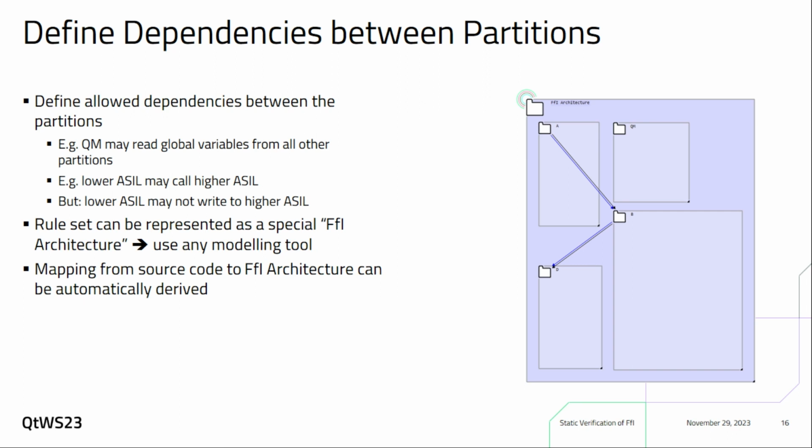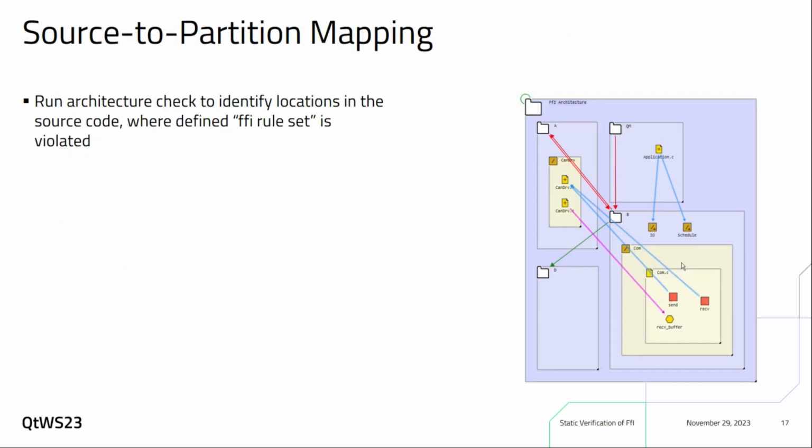You can use the information given before, the architecture model and the mapping, and simply derive a new architecture model from that information. So transfer or recompute the mapping of this original source code to this partition architecture where only the different safety levels appear. And if we then run the architecture check, we get a quite different checking result.